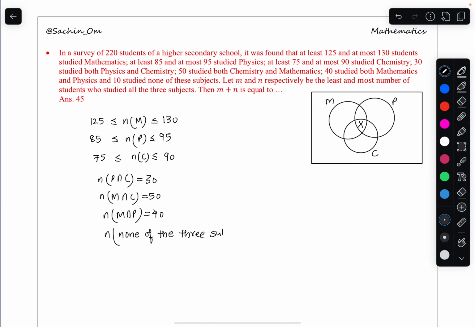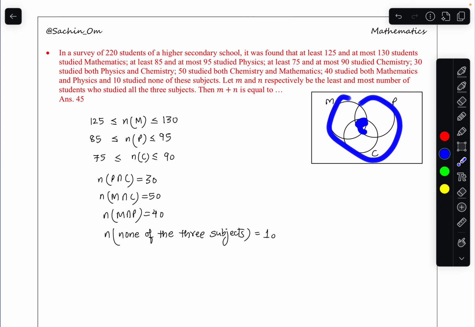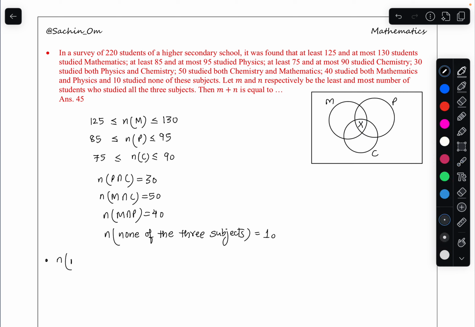The number of people who study none of the three subjects would be 10 here. And we are supposed to talk about this common intersection portion, which I have marked as capital X. So let me find the union of the three sets first, because that way I can relate the union with the intersection. The number of elements in the union of M, P, and C is equal to the number of elements in the universal set minus the number of people who study none of the three subjects.